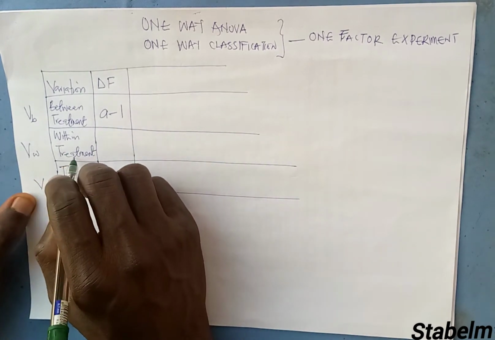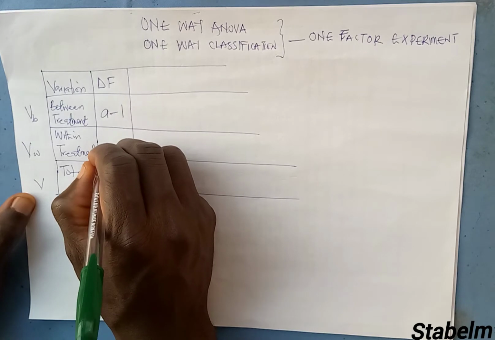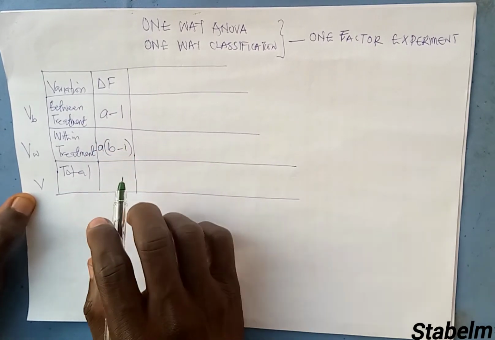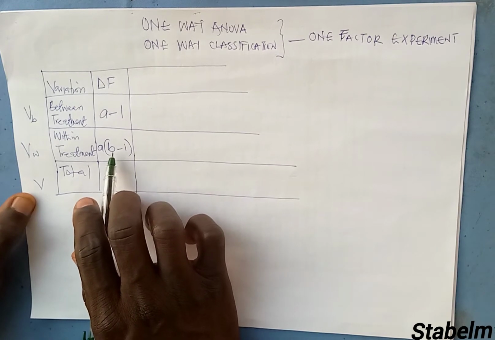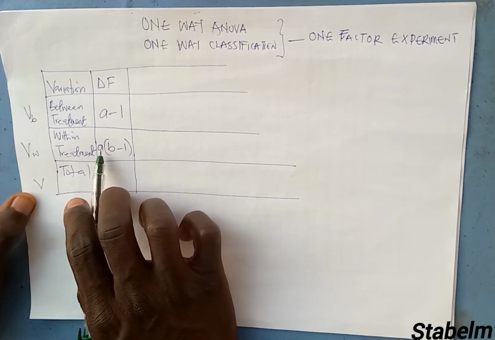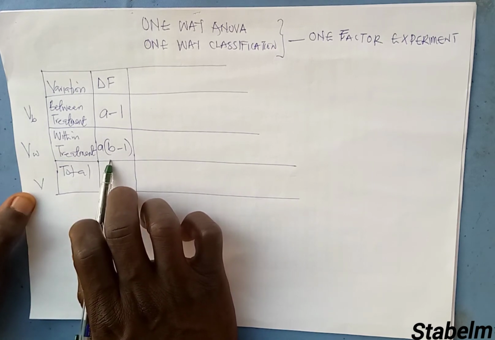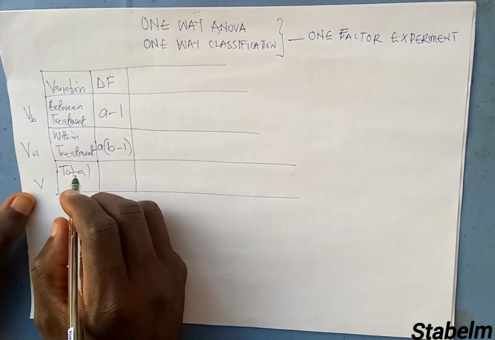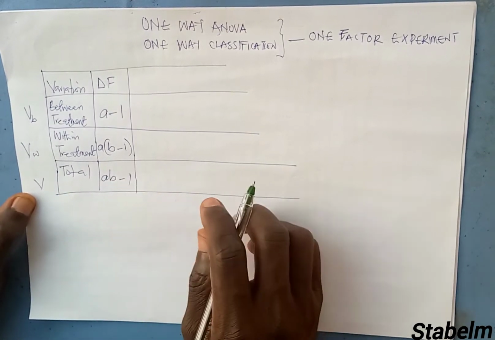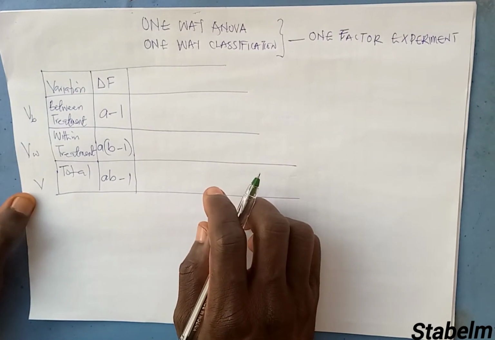Then variation within has degree of freedom a into brackets b minus 1, where b is the number of observations in each group. Finally, for the total, we have a multiplied by b, minus 1 as the degree of freedom.